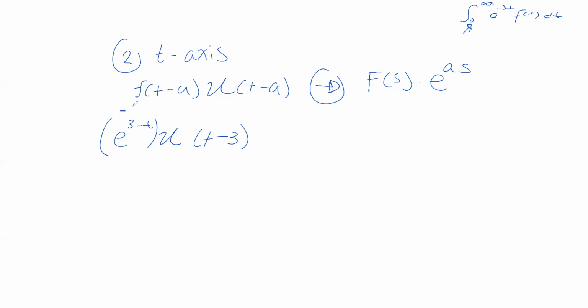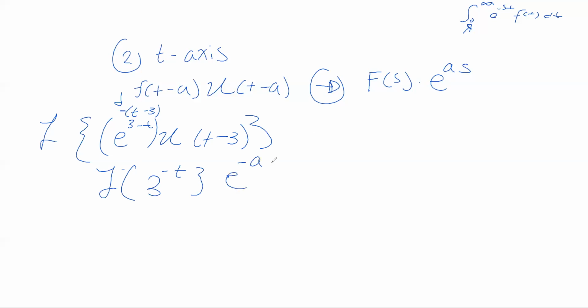This I could then write as negative, t minus 3. So then it looks exactly like that, and that's important because this helps identify the value that I'm actually using for my Laplace. So when I do the Laplace of this, it's really the Laplace of 3 times e to the negative t, multiplied by this e to the negative as.